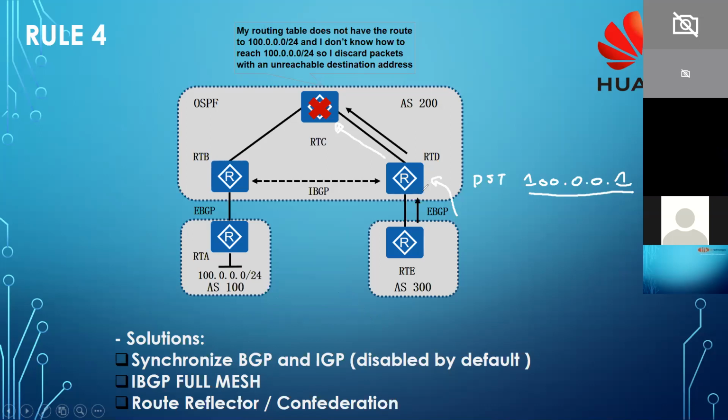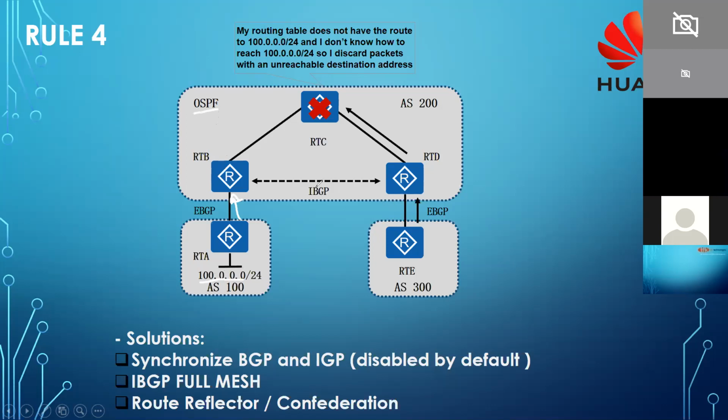In this example, when RTB receives the route, it will check its routing table. If it knows this prefix in the routing table, in other terms, if OSPF, for example, knows this prefix, RTB will advertise this prefix. But if the prefix isn't in the routing table, the router will never advertise this prefix.